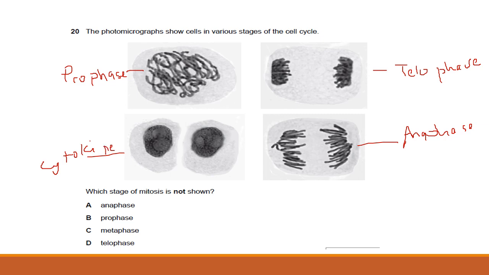I'm not going to write it. Okay, well, I might as well. So what is missing based on the different phases of mitosis? Metaphase. Metaphase is the phase where the cells are aligned in the center, and there's no diagram where they're aligned in the center. So metaphase is the right answer here.